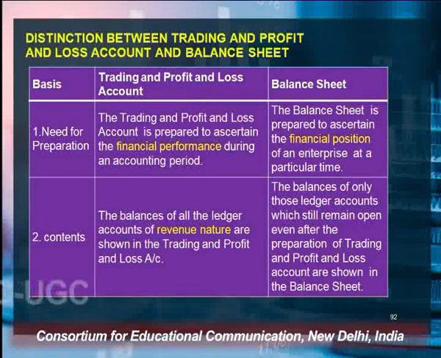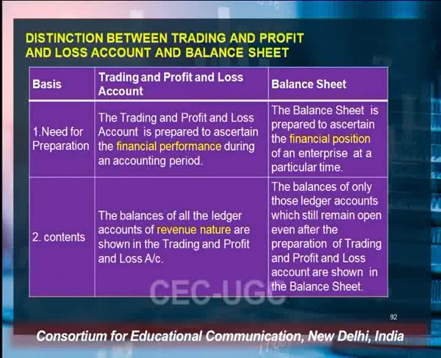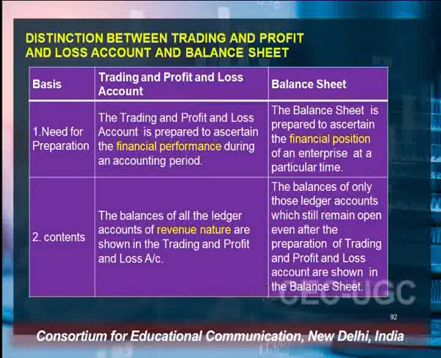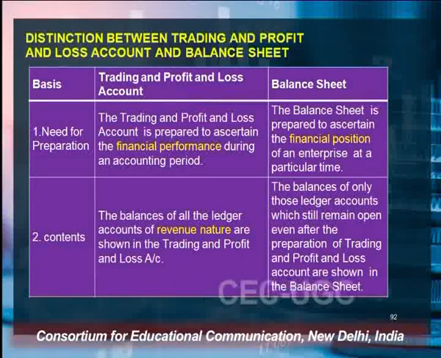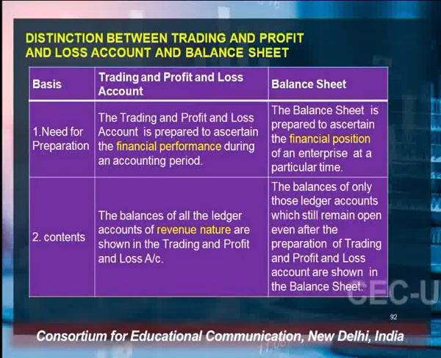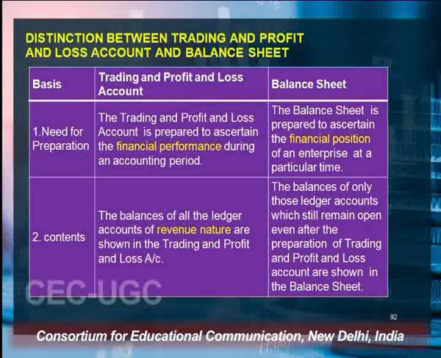The balances of all the ledger accounts of revenue nature are shown in the trading and profit and loss account. So all the balances of ledger accounts which are related to nominal accounts are to be shown in the trading and profit and loss account, whereas in the balance sheet, only those ledger accounts which still remain open even after the preparation of the trading and profit and loss account are to be shown.